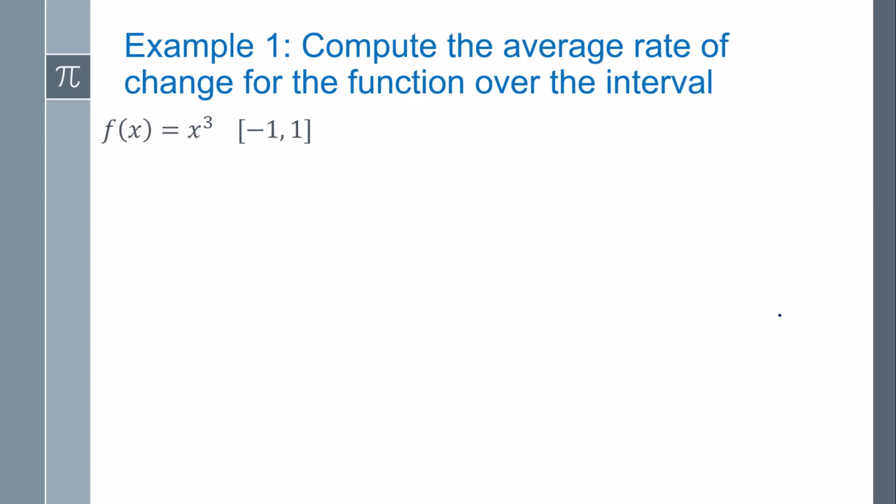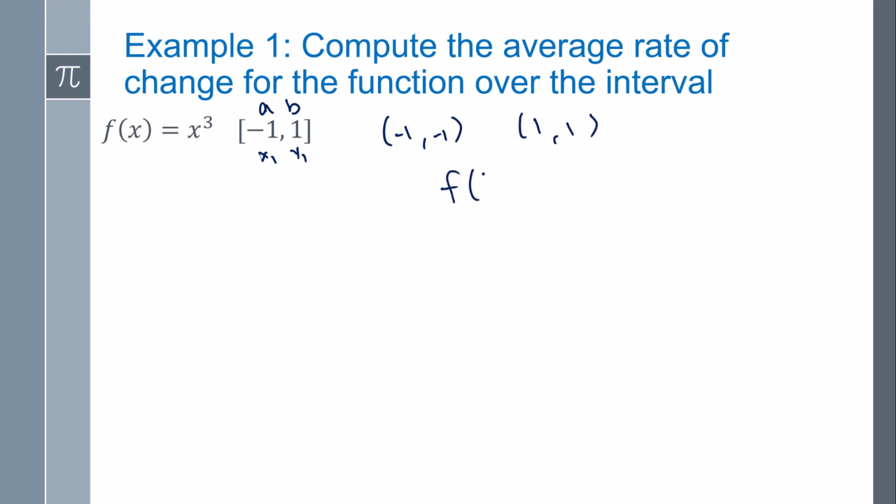Now this interval that I give you is the interval a and b. So this is your x1 and this is your y1. If these are my points, -1 something, 1 something, I have to plug them in to find my y. If I plug in -1, -1 cubed is -1. If I plug in 1, 1 cubed is +1.